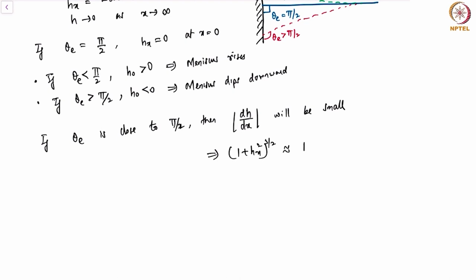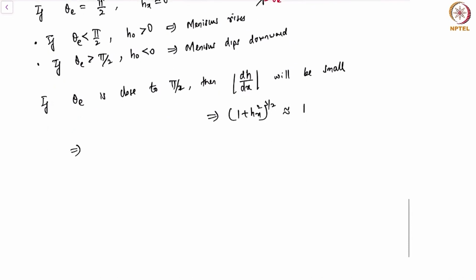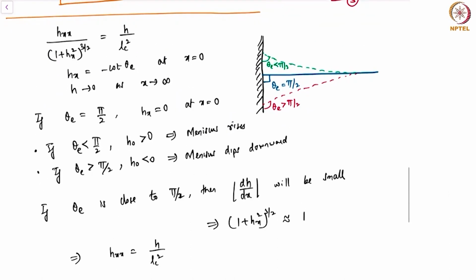If hx is small, hx square is even smaller. Then the equation becomes hxx is equal to h by LC square.